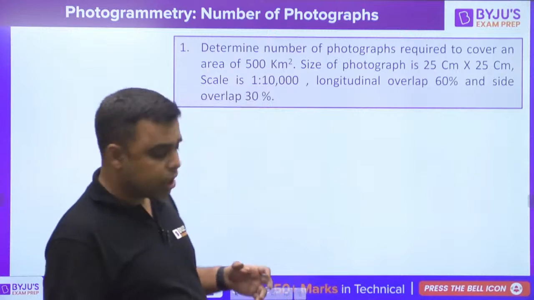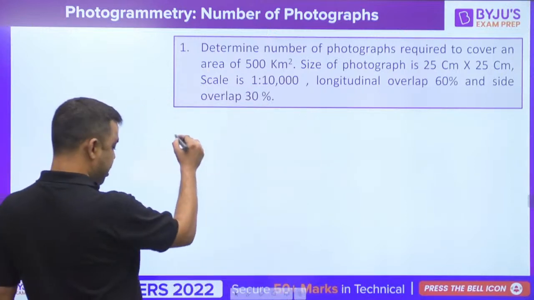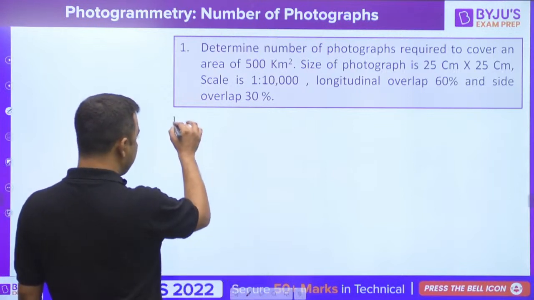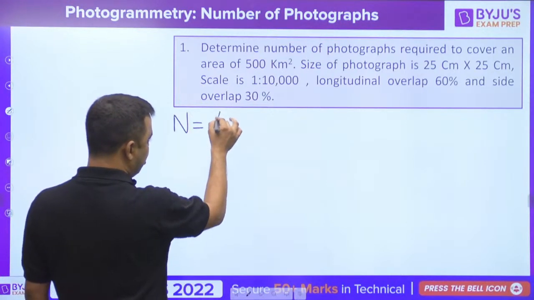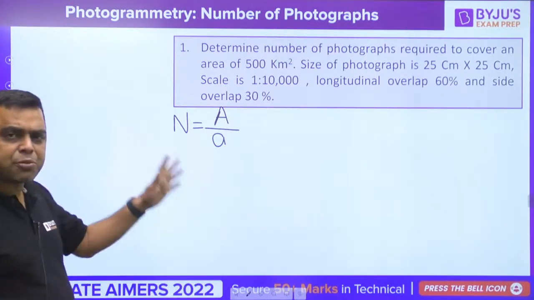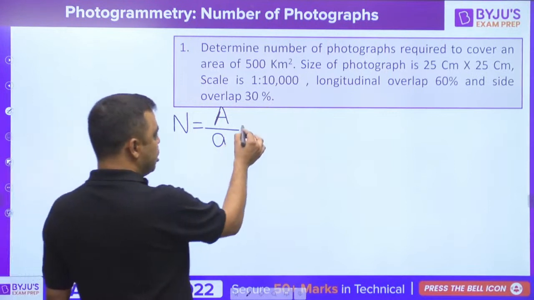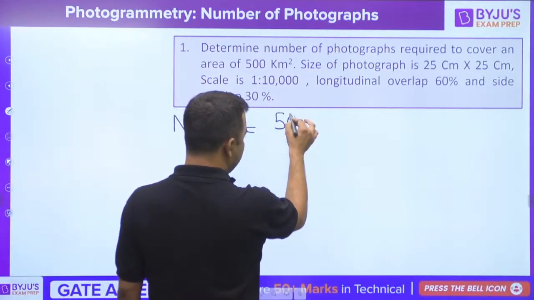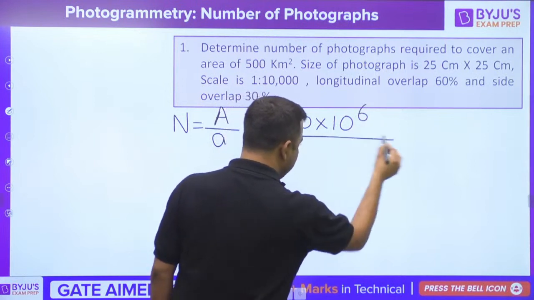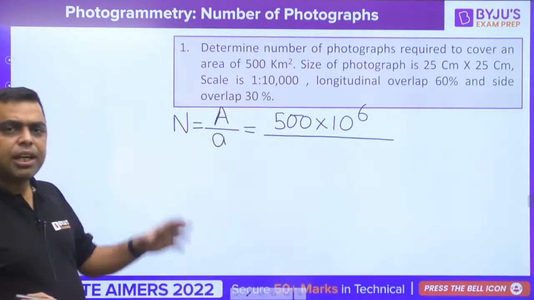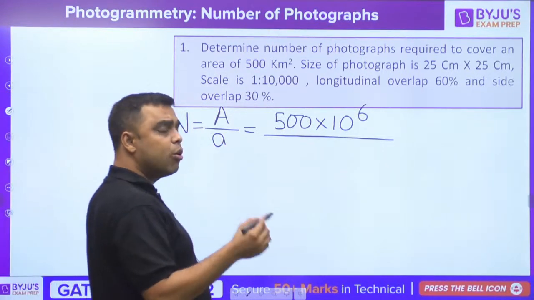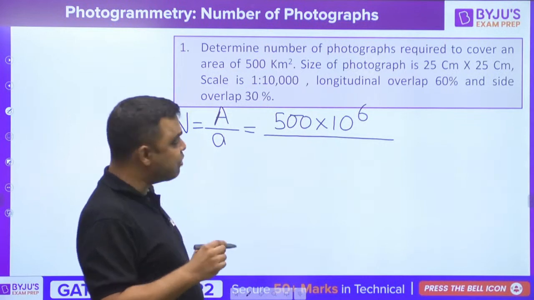So the number of photographs n is equal to capital A by small a, where capital A is the ground area, that is 500 kilometers square. So let me convert this into meter square: 500 into 10 to the power of 6, divided by the area covered by one photograph, and that will be how much, guys?